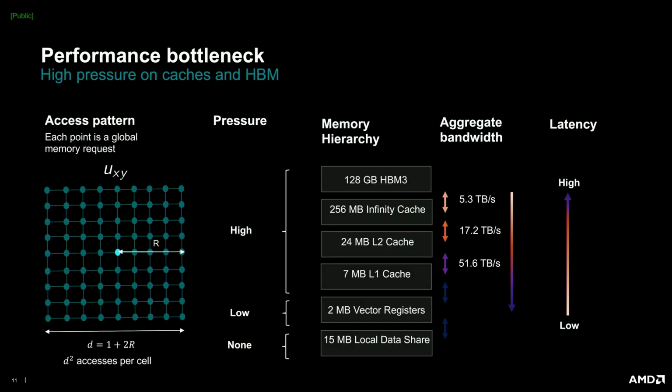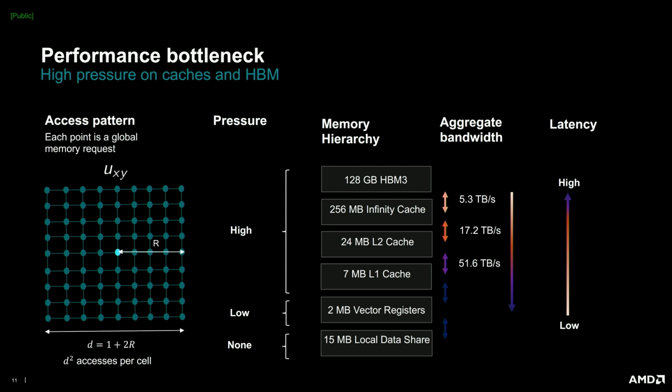First, let's understand the performance bottleneck a bit. If you have a rectangular pattern like this, you're generating a lot of stencil accesses that are generating memory requests. Each such point results in a global memory request, and every memory request puts high pressure on your memory hierarchy, meaning your caches, your L1, L2, your last level cache, all the way up to HBM. When you look at the bandwidth for these various levels, it drops off: the closer you are to your vector registers, the higher the bandwidth.